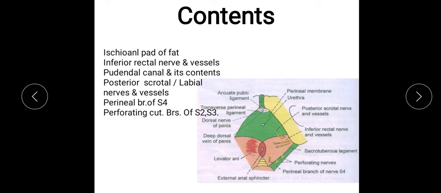Then the contents of the ischioanal fossa: the ischioanal pad of fat. The fossa is filled with fat.